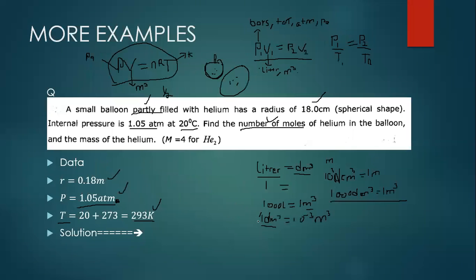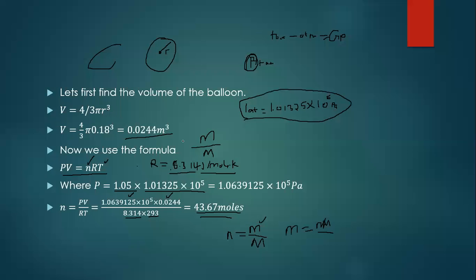And what is the molecular mass? Molecular mass is 4. So the mass we're supposed to find is the number of moles, 43.67, multiplied by 4, which is the molecular mass.